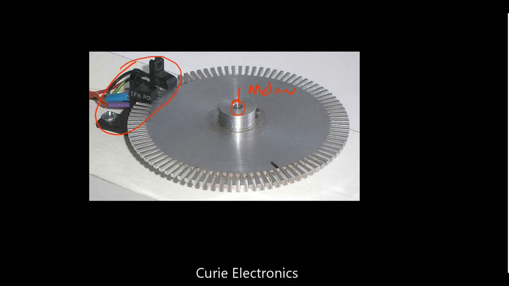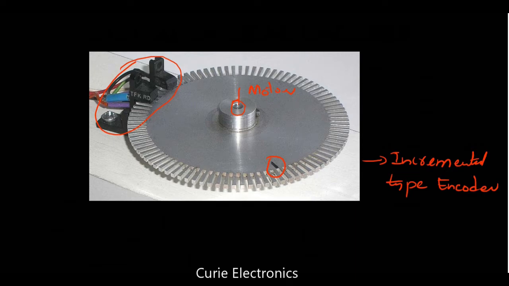See here, this is actually an incremental type encoder. How do I say it is an incremental type encoder? Because see here, this is a marked position.